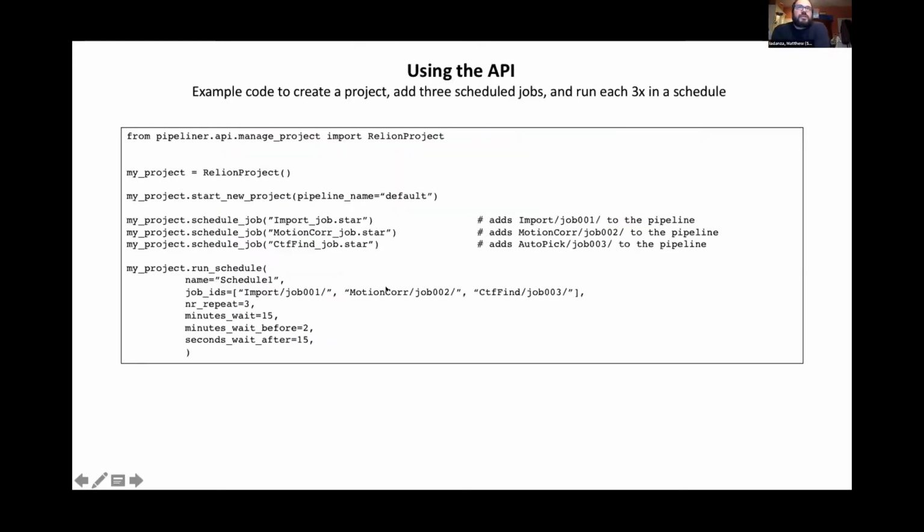So an example of the code that you could use in this API, just a couple lines of Python, you can initiate a Relion project, schedule jobs, and then run the schedule. So this will be eminently scriptable, and you could use this as part of a larger Python program or script to have decision-making or other scheduling things occurring.